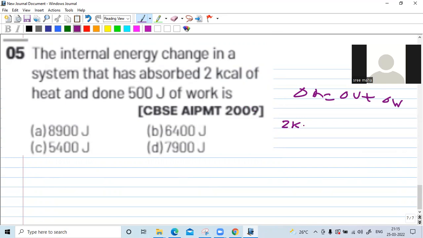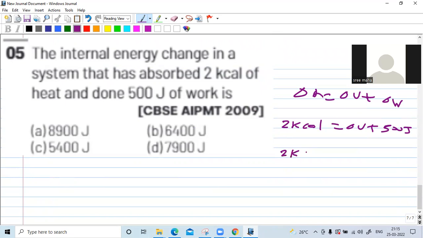Plus work is done by the system, 500 joules. So you have to convert calories to joules.